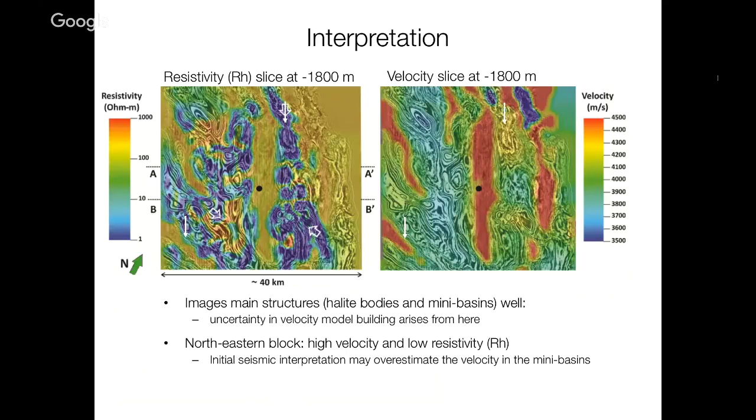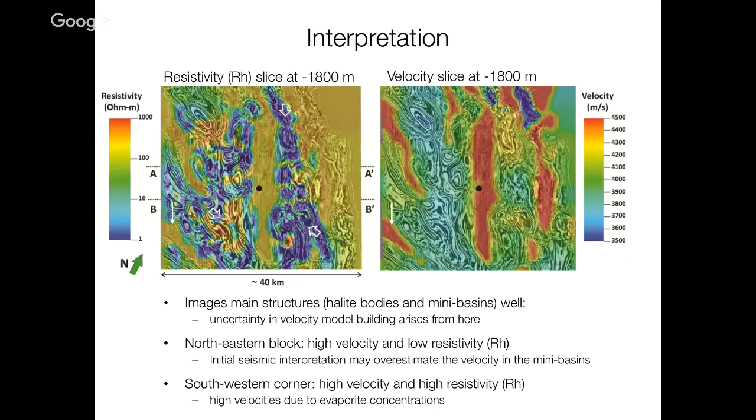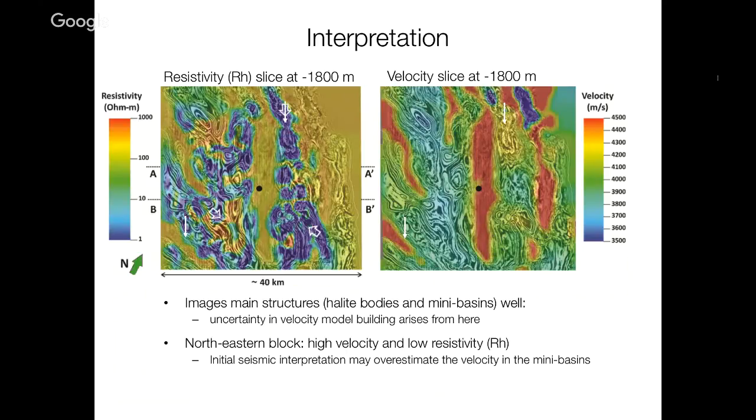And yes, you can see those structures, and in this part it's not quite matching. I think they were thinking, oh, we were actually overestimating the velocity. So I think this part potentially could be improved by using resistivity.